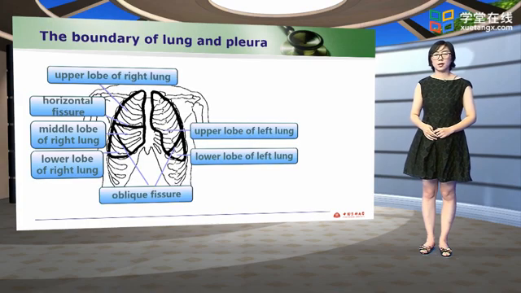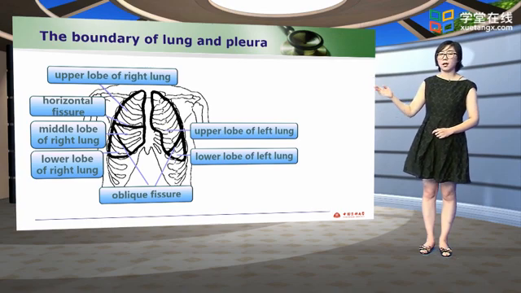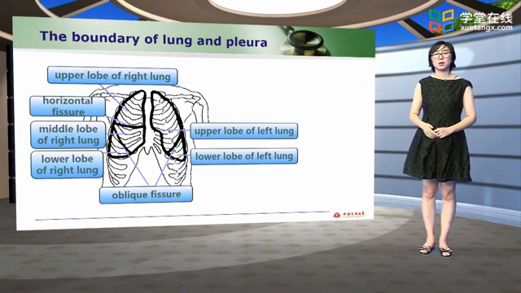The last section is the boundary of lung and pleura. From the picture, we can see there are 3 lobes in the right lung. It's the upper lobe of right lung, middle lobe of right lung, and the lower lobe of right lung.